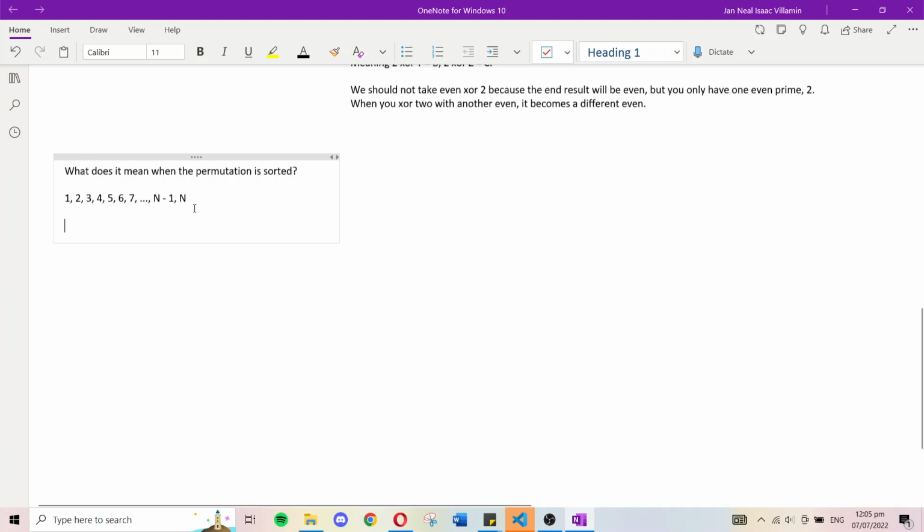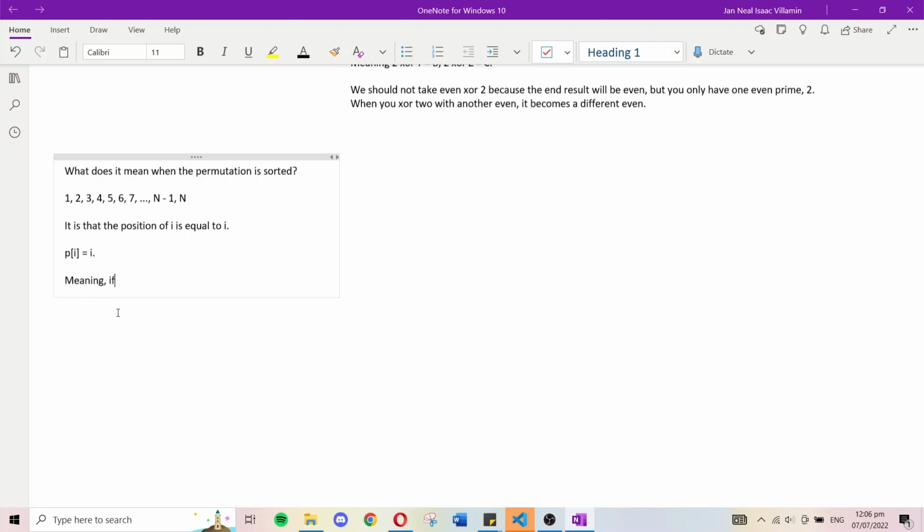But what observation can you make? It is that the position of I is equal to I. So Pi is equal to I. So 1 must be at position 1, 2 must be in position 2, and so on and so forth.